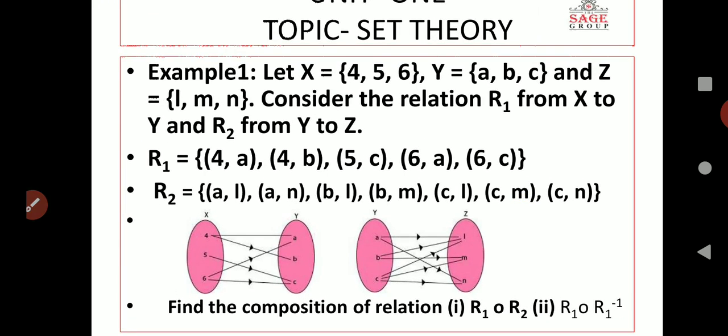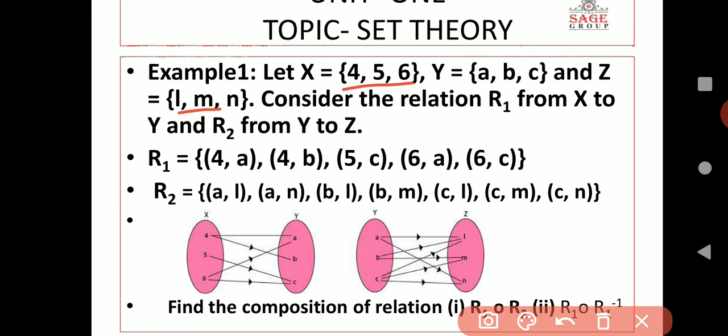For example, if we have three sets, suppose X with elements 4, 5, 6 and Y be another set with the elements a, b, c and Z be another set with the elements l, m, n.